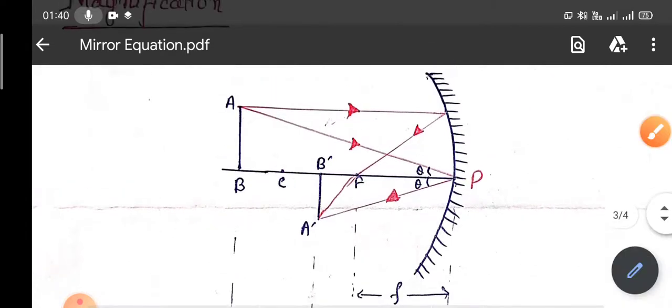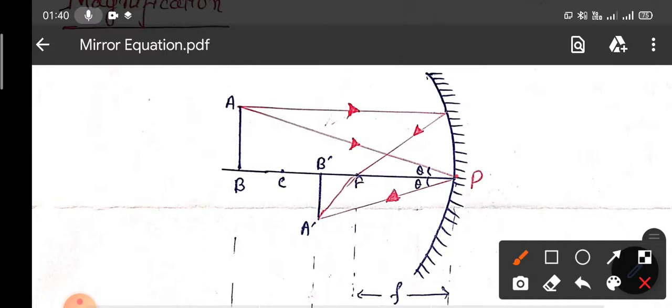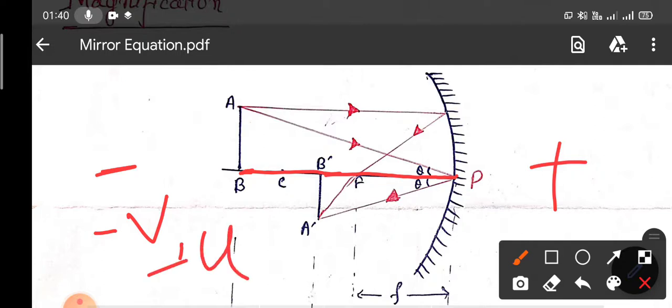For left and right, anything which is right of your pole is taken as positive, and anything which is left of your pole is taken as negative. Here your image distance v is left of your pole, so in place of v you will write minus v, and your object distance is also left of your pole, so in place of u you write minus u.